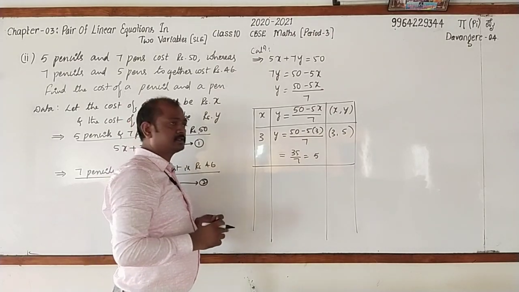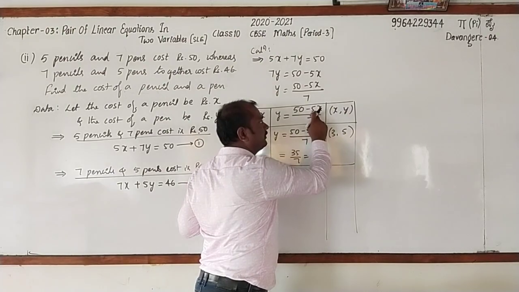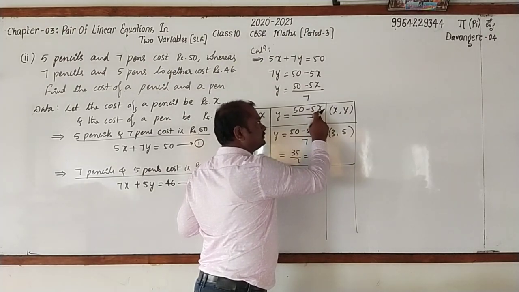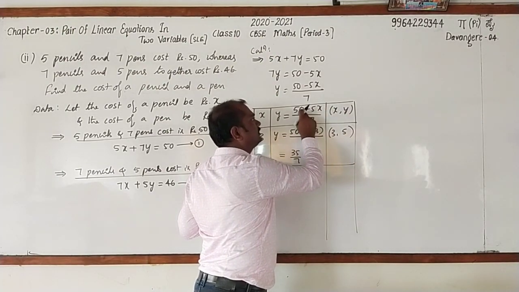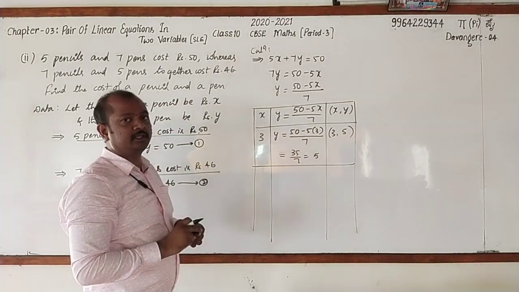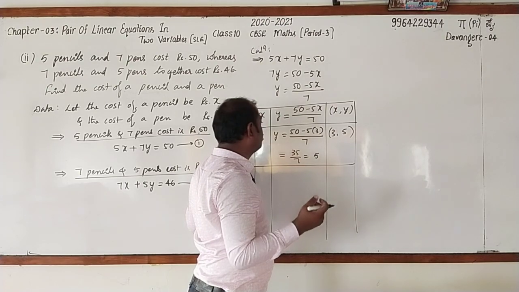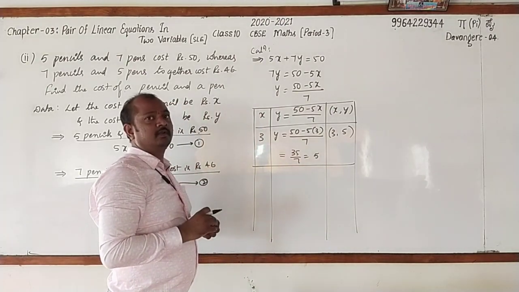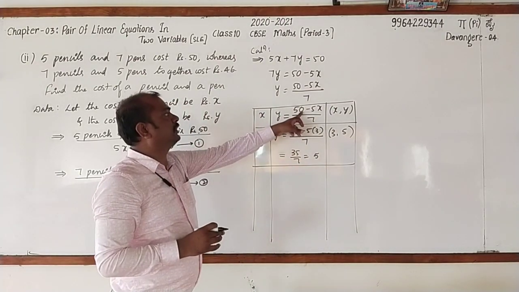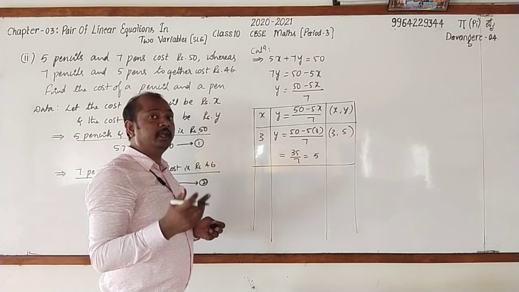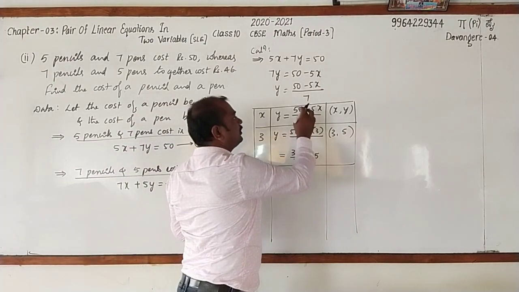Will you go for 6? If you take 6 here, then 5 6s are 30. 50 minus 30 is 20, not divisible by 7. Then which number will you go for? 7? Won't work because 35, it becomes 15. Then 8. 8 5s are 40.